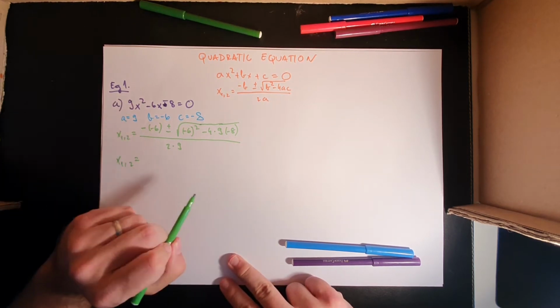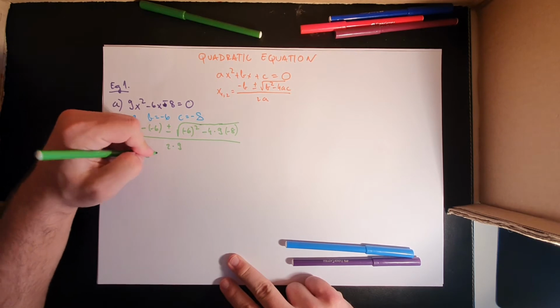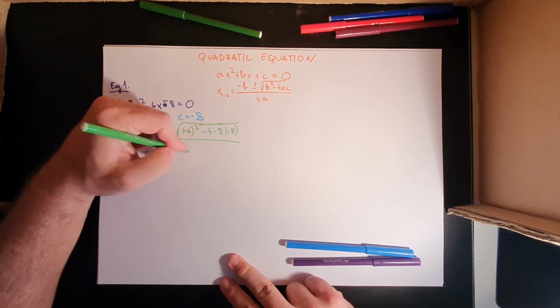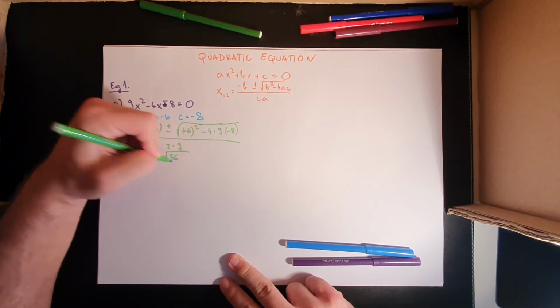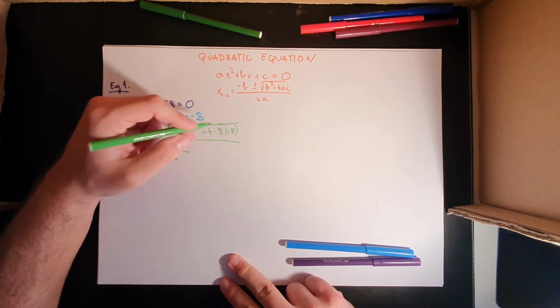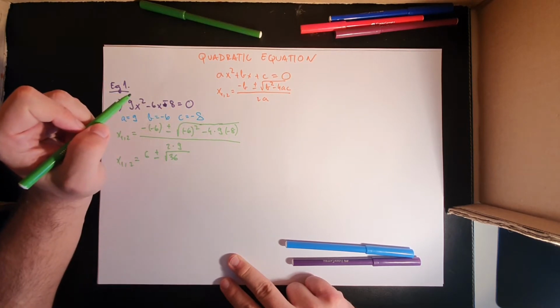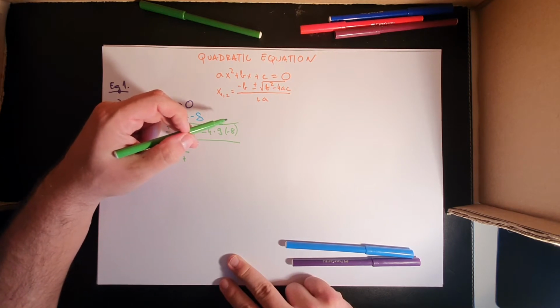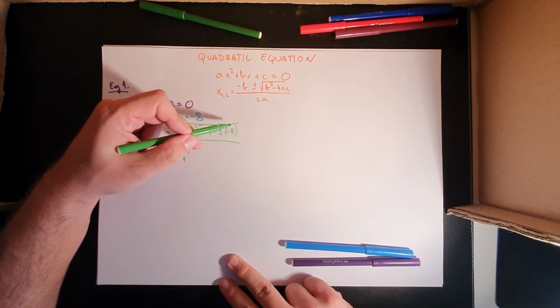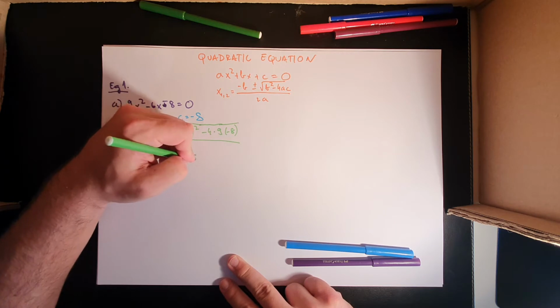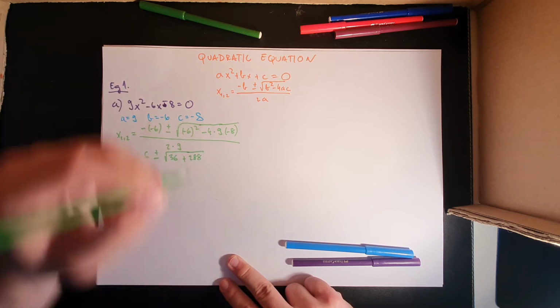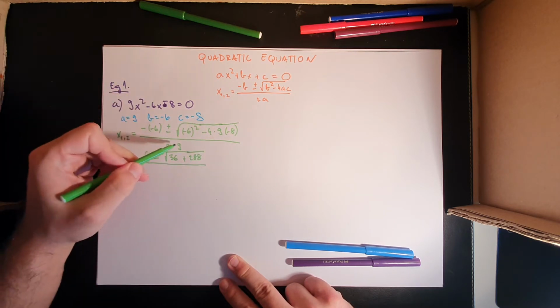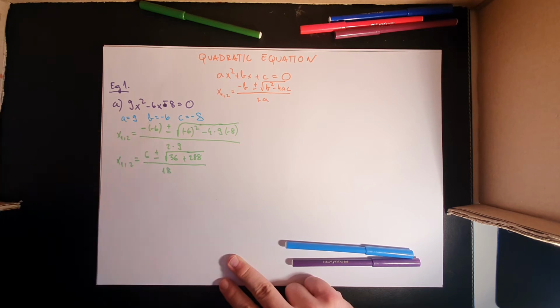First of all, -6 is going to become 6, plus minus the square root of 36, which is -6 squared, and minus times minus is going to give us a plus 4 times 9 times 8, which is 288, over 2 times 9, which is 18.